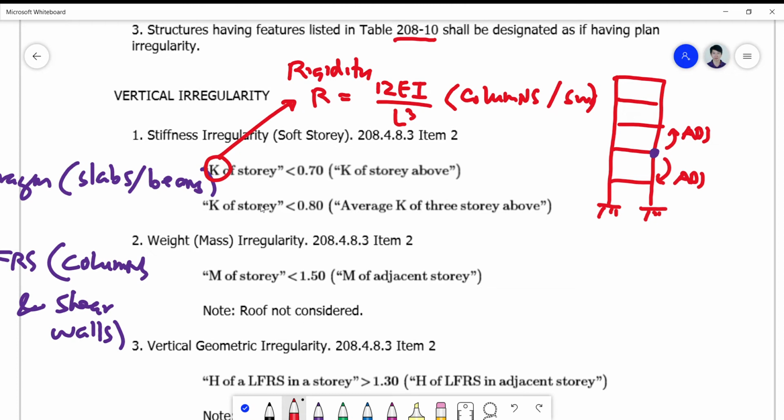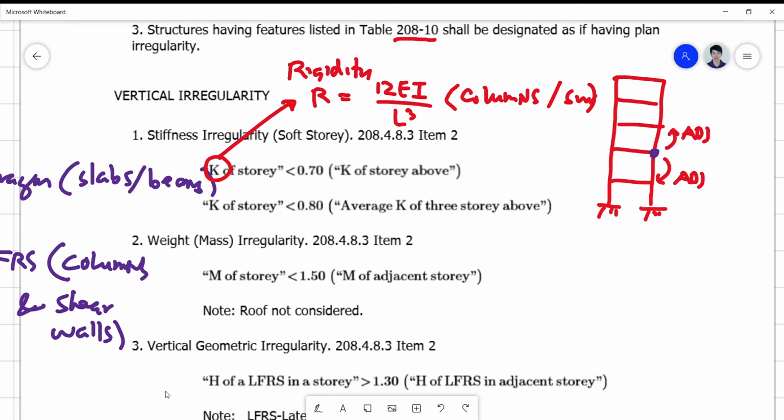Soft story or stiffness irregularity just refers to the rigidity of your columns here. We're talking of the total columns on the story, not individual columns.